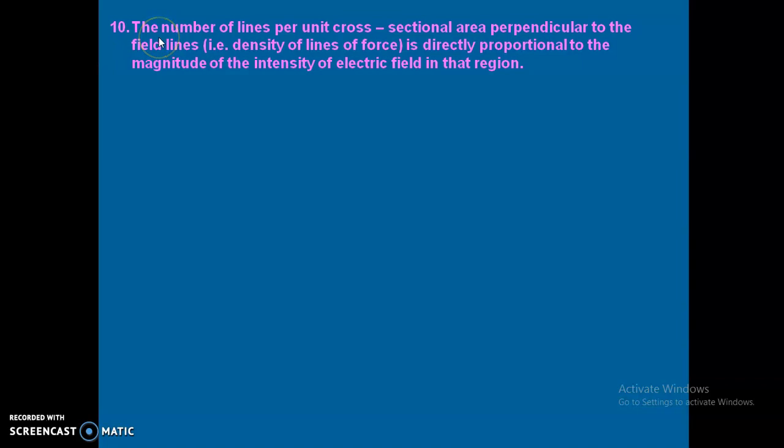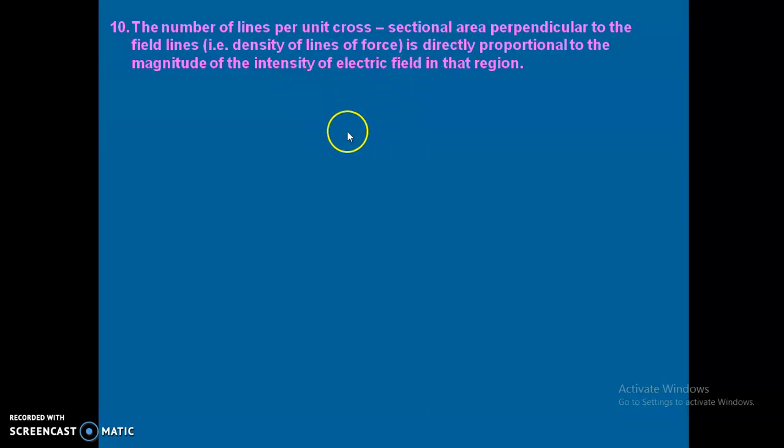10th property of electric lines of force: the number of lines per unit cross-sectional area perpendicular to the field lines, that is, the density of lines of force, is directly proportional to the magnitude of intensity of electric field in that region. It means the more lines per unit cross-sectional area, the greater the electric field strength.